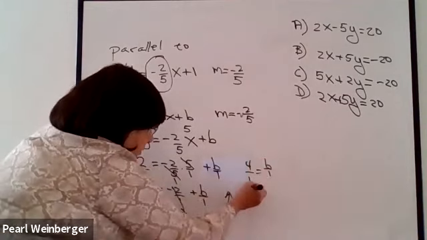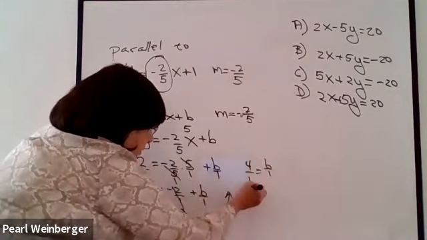So you can use your calculator. Of course, then for the final answer for the equation we're doing here, y equals negative 2/5 x plus 4.